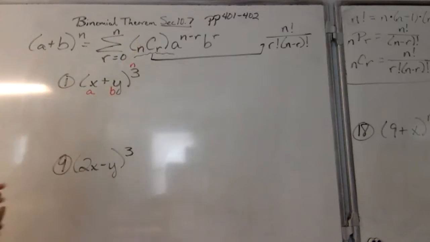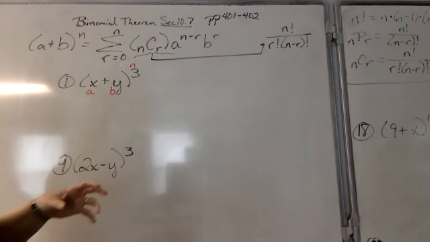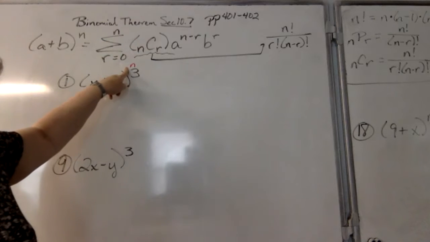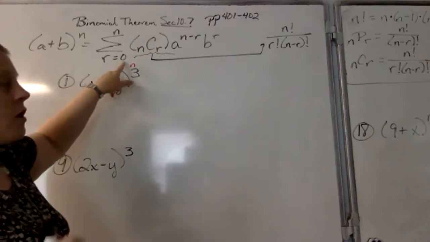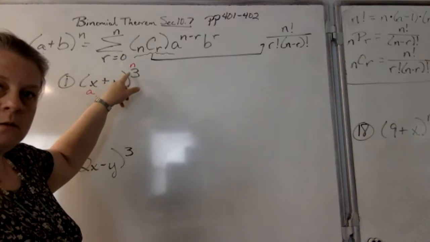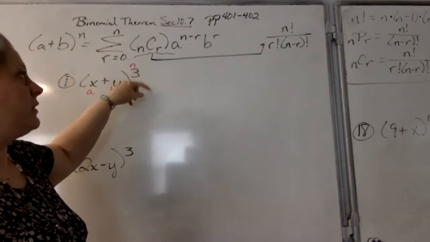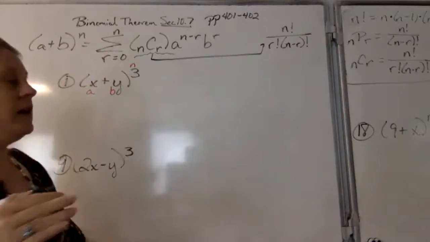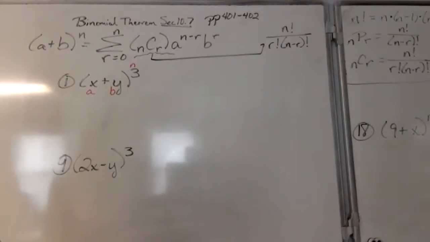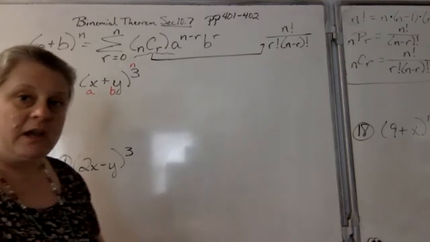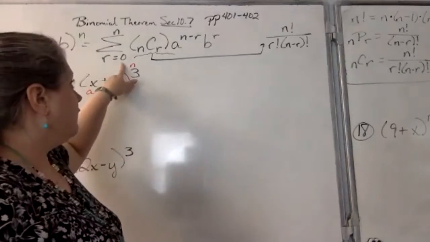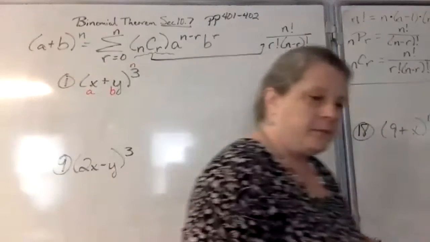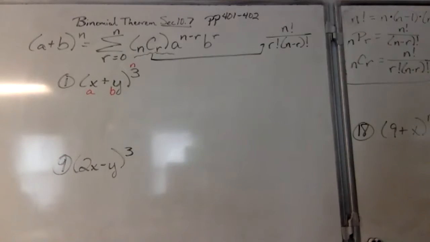So when we go to expand this, the first one is going to be when r is 0 and n is 3. The second one would be when r is 1 and n is 3. The third one will be when r is 2 and n is 3. And then the fourth one will be when r is 3 and n is 3, because it has to go from 0 up to whatever n was, which in this case was 3.